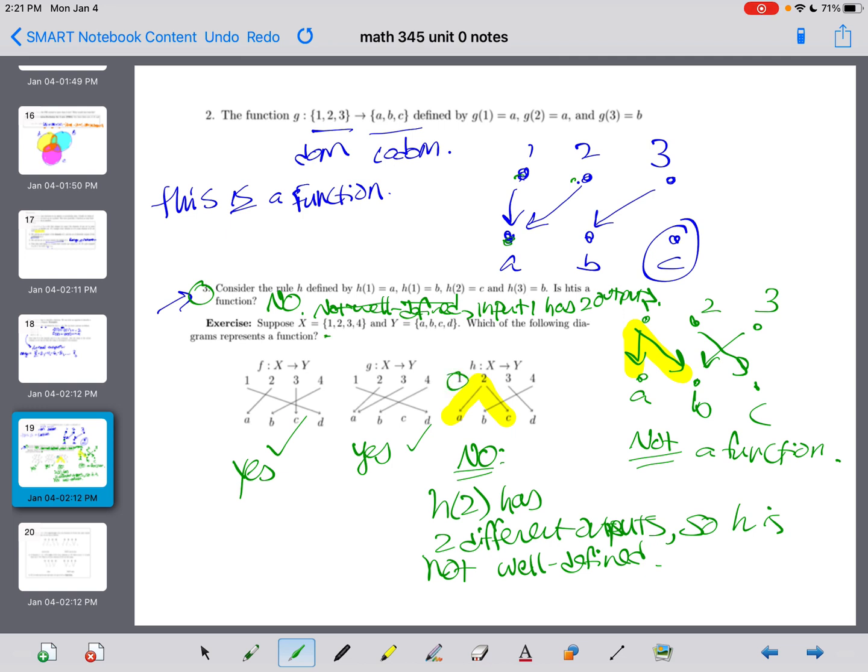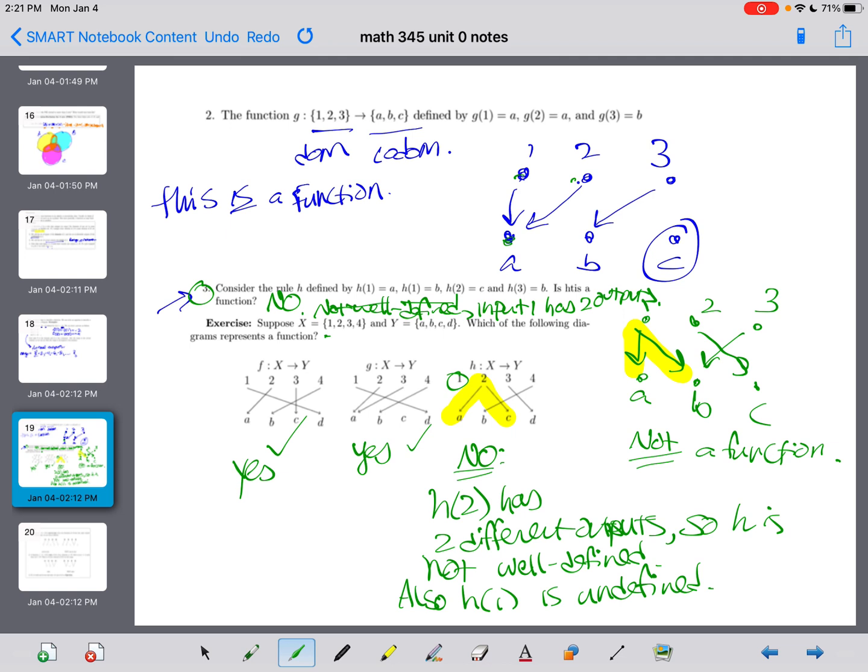And the number 1 hasn't been mapped to anything. H of 1 is undefined. That's a problem because 1 is in the domain, which means 1 should be mapped somewhere, right? These have to be good directions. You have to be telling everyone in the domain exactly where to go. 1 doesn't know where to go, and 2 doesn't know where to go either because 2 is being mapped to two different outputs. So this last example is not a function.